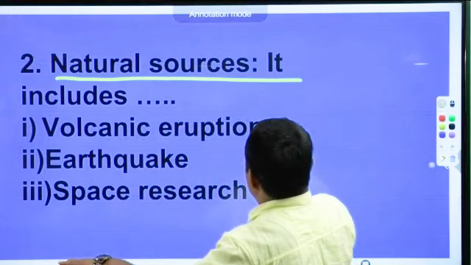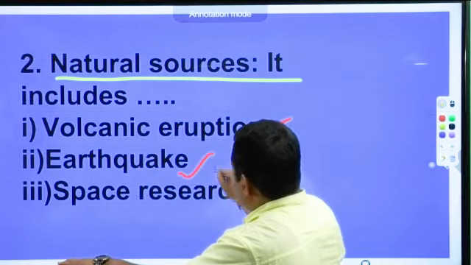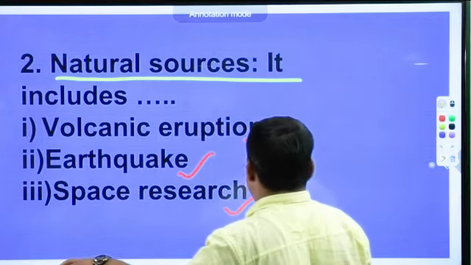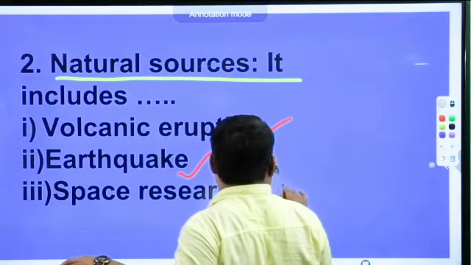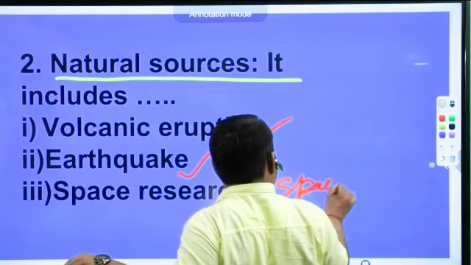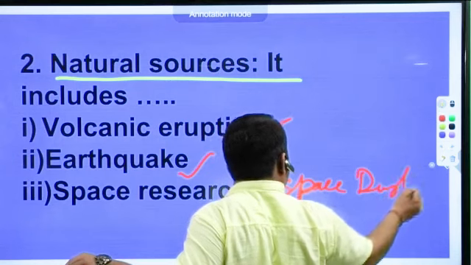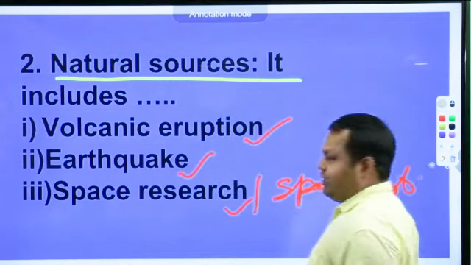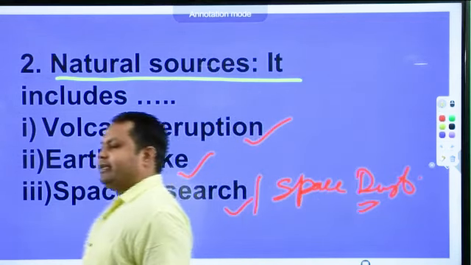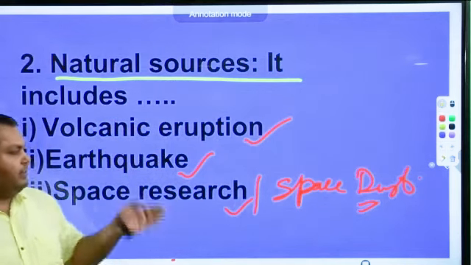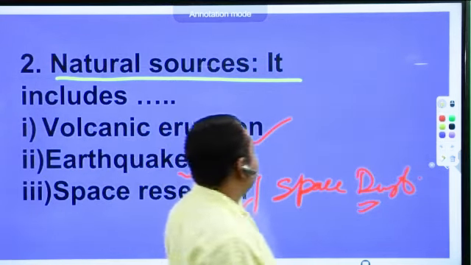Those are volcanic eruption, earthquake, and space research or space dust. These components help in understanding the internal structure of Earth.